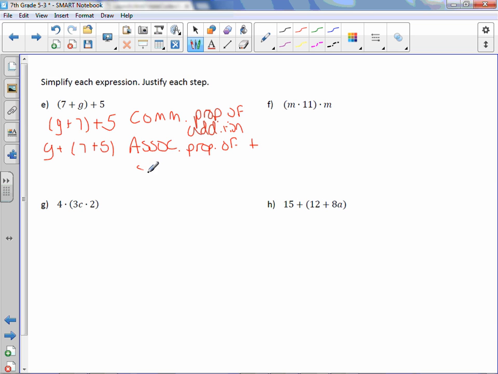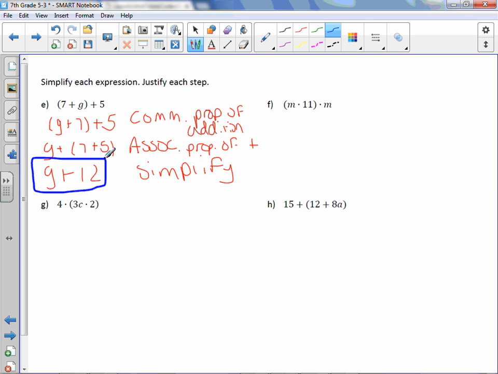And then from here, simplify. G plus 7 plus 5 is 12. Now, we will talk about this a little bit later in the year, but we cannot add G and 12 together because they are not similar. We call them unlike terms. We don't know what G is, therefore we cannot add it to 12.